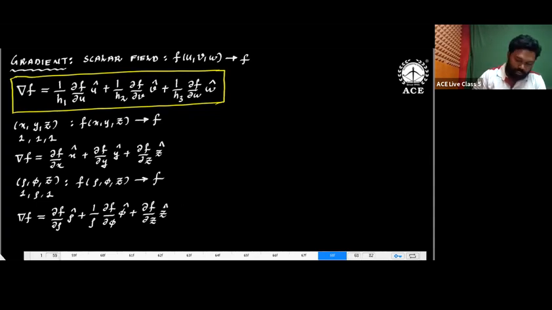Finally, what happens for the spherical, beta? Nothing to worry. Just substitution. This makes our life simple. Otherwise, you need to remember all the formulas, which is a very big headache.